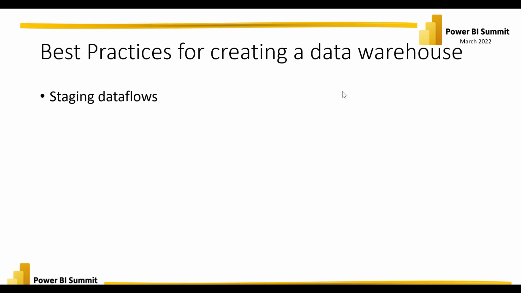So what we need to do is create a set of data flows that are responsible for just loading data as is from the source system, and only for the tables that you need. Don't take all the tables, but only take the tables that you need, load them as is, and mark them as staging data flows.